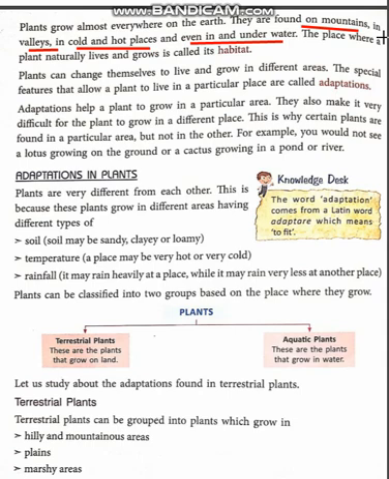So these are the places where you can find plants. The place where a plant naturally lives or grows is its habitat. Whether it is a mountain, valley, hot or cold place or even water, that place is their natural habitat.